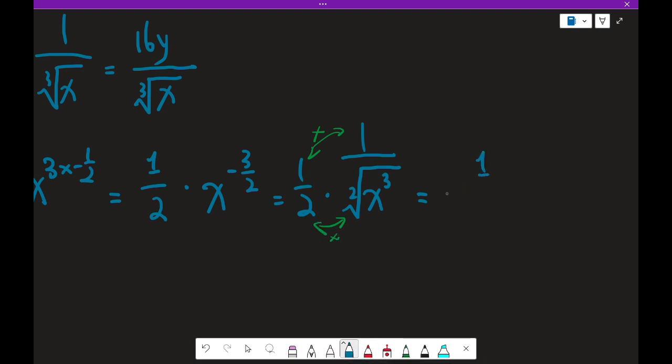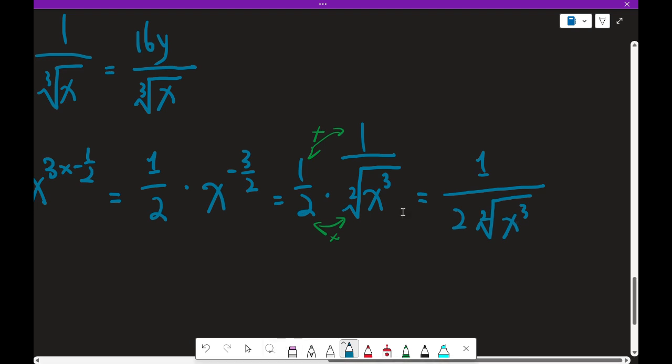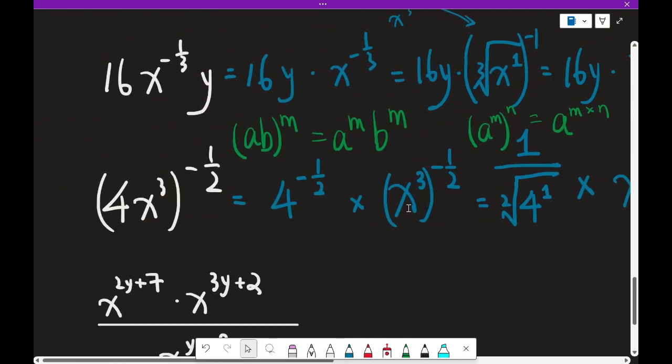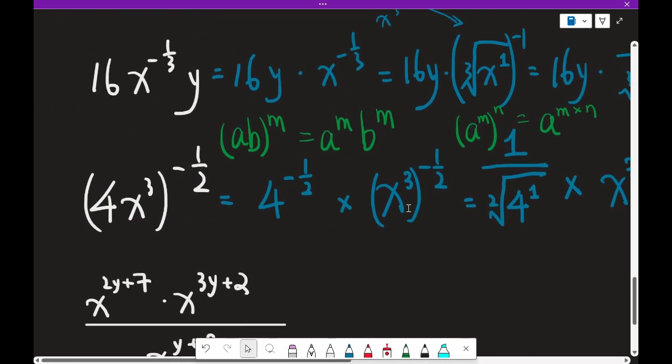So 1 times 1 is 1, and the fractional line, and 2 times the whole thing. So 1 over 2 times the square root of x cubed would be the simplified answer for this 4x cubed bracket to the power of negative 1 over 2.